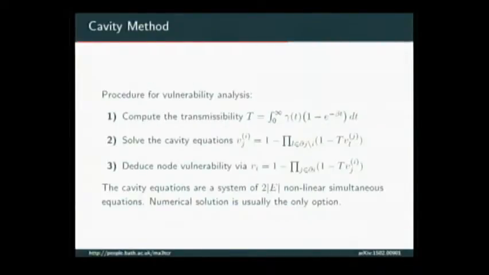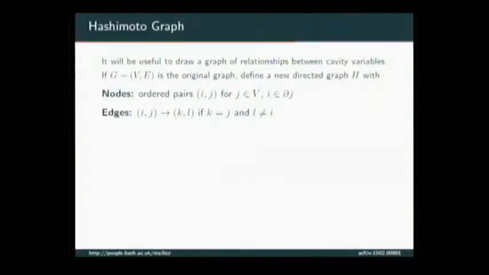Okay. So to do the numerical work well, I'm going to show you another way of packaging up these equations that uses a dual graph to the original underlying graph, okay? And that dual is called the Hashimoto graph. The idea is it tracks non-backtracking paths in the underlying network.